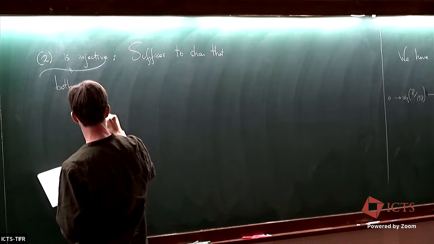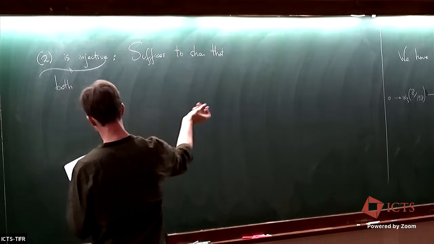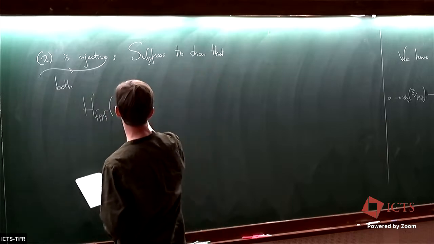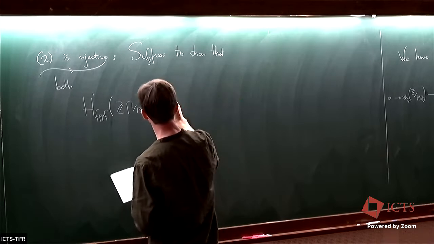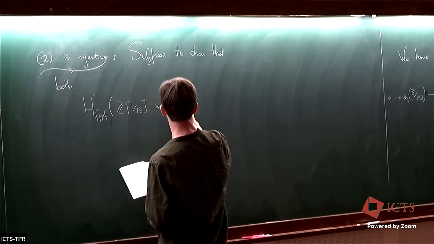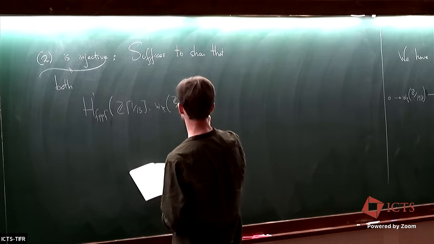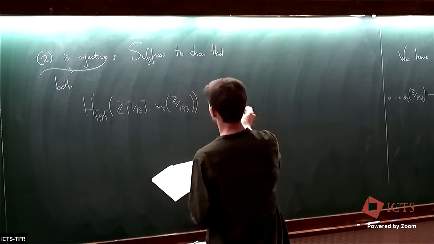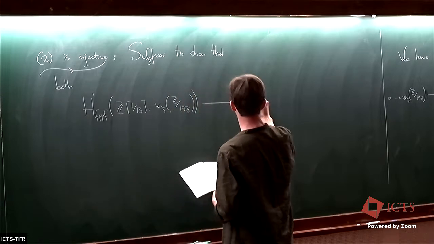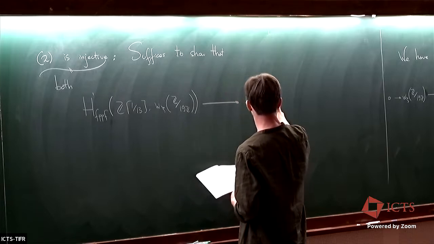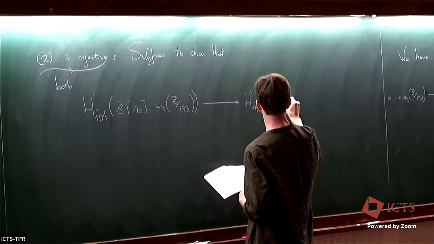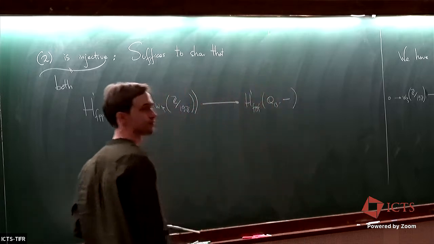Well, we have flat cohomology, first of all, of Z[1/13] with coefficients in this strange translated module, like so. And then going to coefficients that are the same, but for Q13.